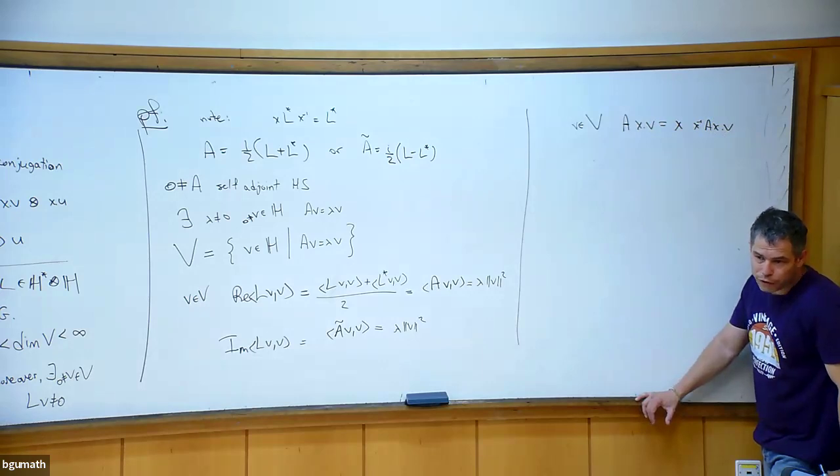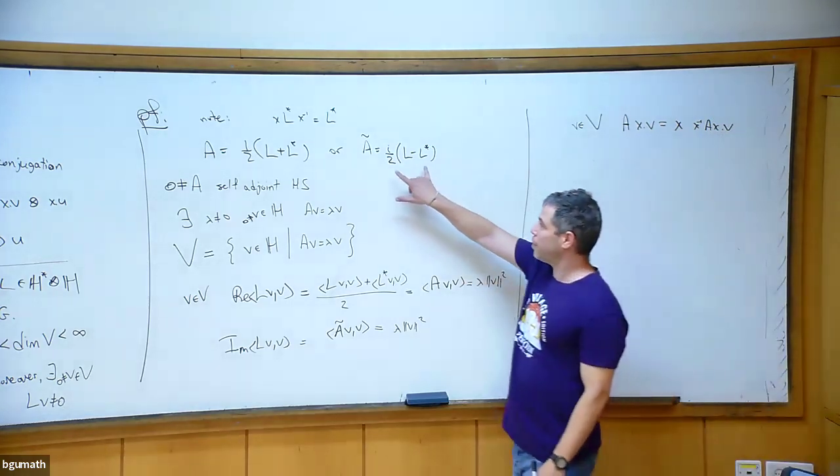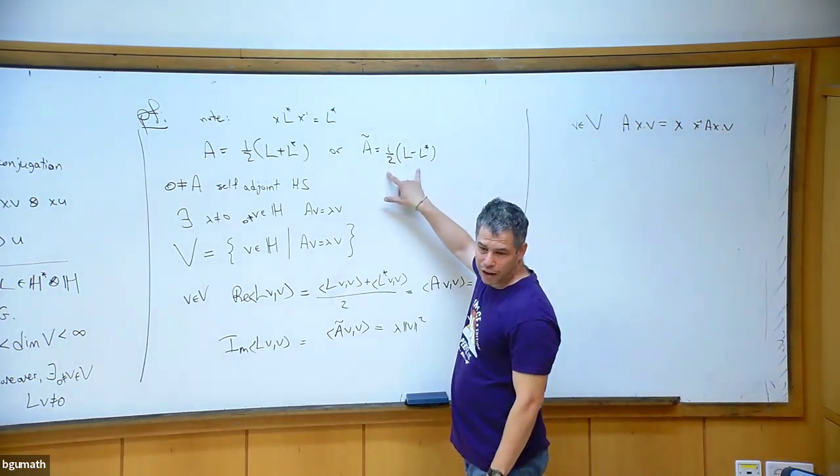And this would also be true if it was tilde. Both of these are invariant under applying X's, because the L's are invariant under applying X's and they're linear operators.